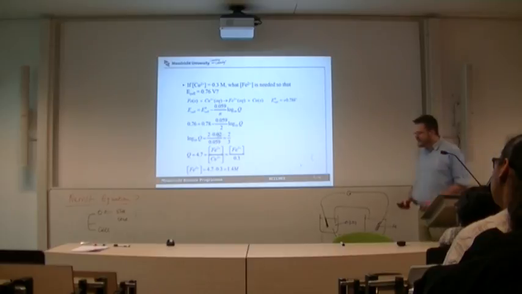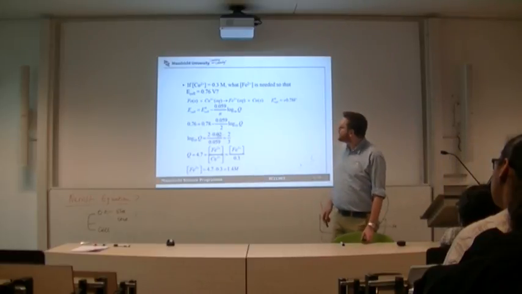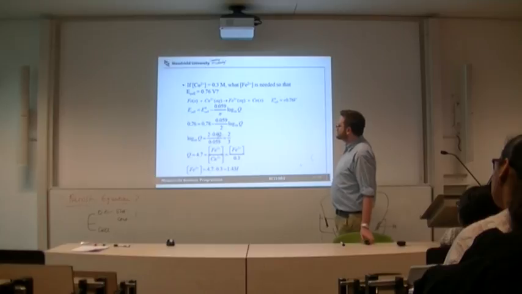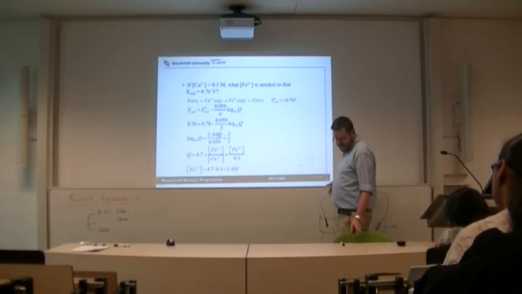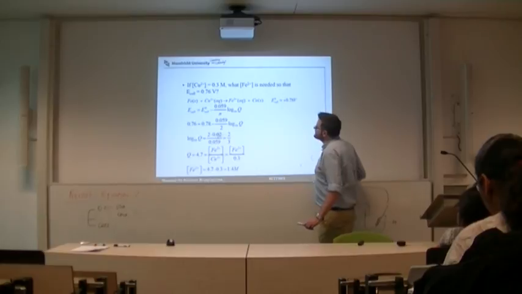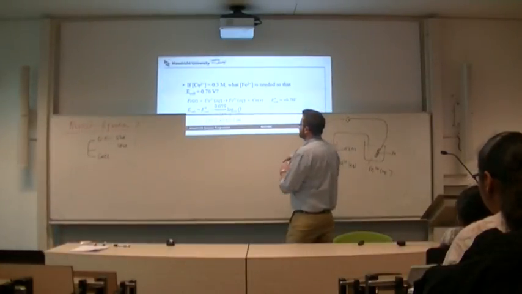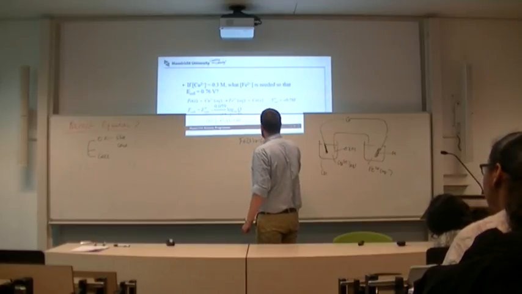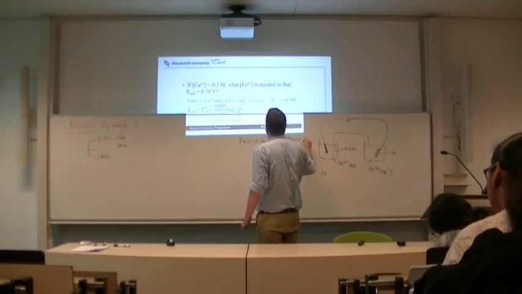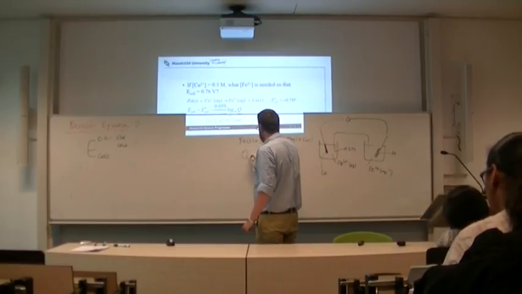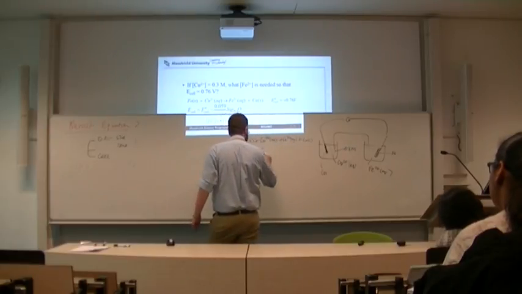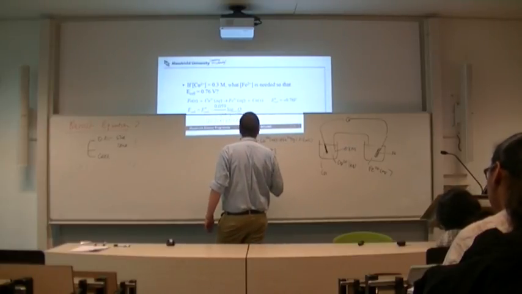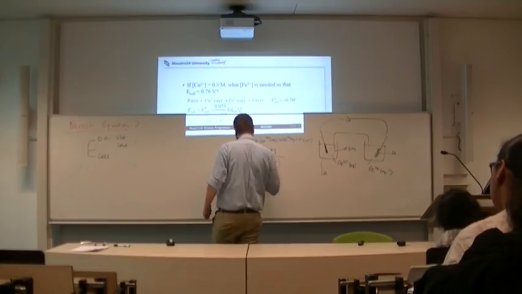Q, as we've said, is the reaction quotient. And the reaction quotient for this reaction is defined as, let's write it down. So this is the net reaction. Q, the reaction quotient, is going to be the concentration of Fe2 plus over the concentration of copper 2 plus.